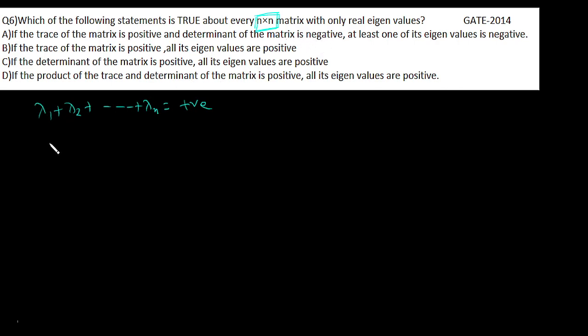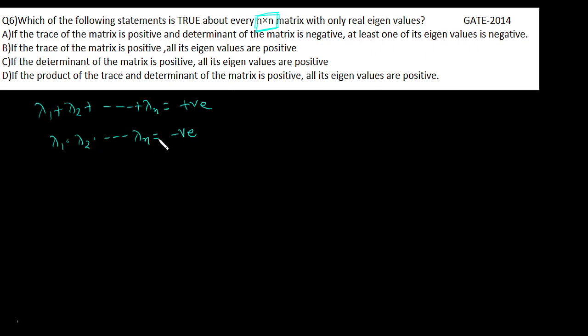Now we also know that the determinant of any matrix is nothing but the multiplication of all the eigenvalues of this matrix. Here we have n eigenvalues, and it is given that the determinant is negative, not positive. The statement says at least one eigenvalue is negative.